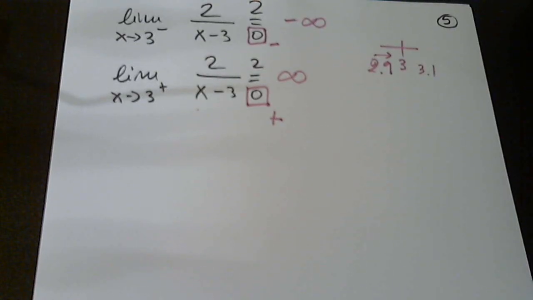Okay, so x approaches -3 from either side. As x gets closer and closer to -3 from this side and from this side, the function values get closer and closer to 0.